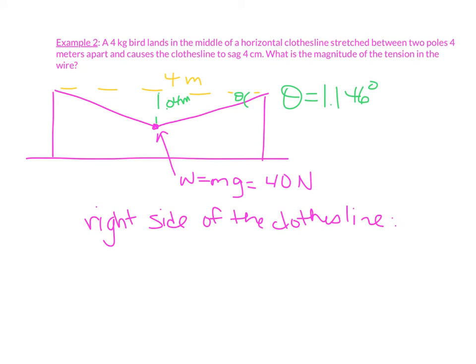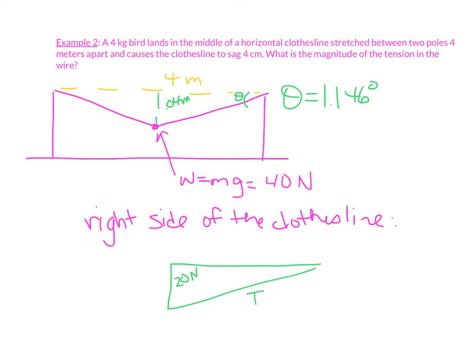At this point, it's important to remember that we're going to have to split up our clothesline into 2 parts. The right side of the clothesline, I'm going to call that tension T. I know that that part of the clothesline has a vertical component of 20 newtons.